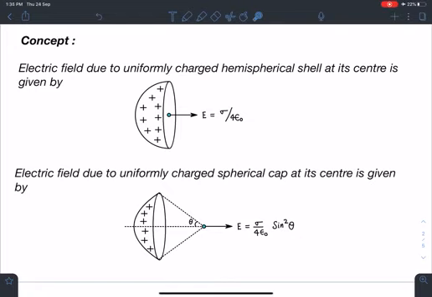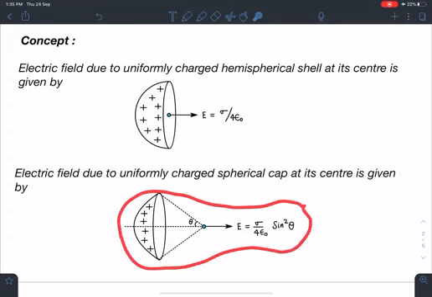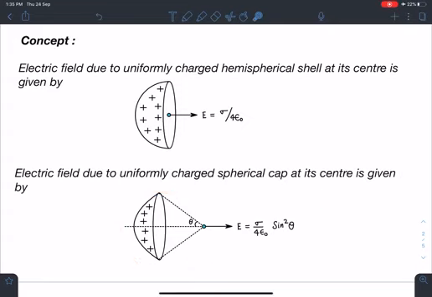You can check if theta equals pi by 2, this will generate a hemisphere, and the result becomes like this. So you need to remember this result. It will be very beneficial in different situations. For any part of the sphere, you can write the value of electric field at the center, so it will be a very useful formula.